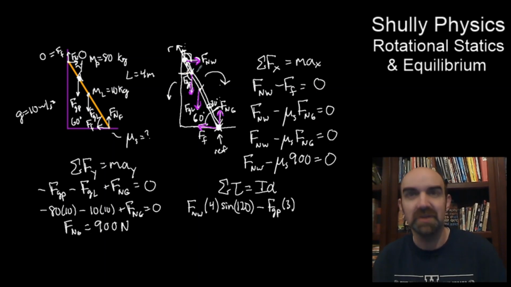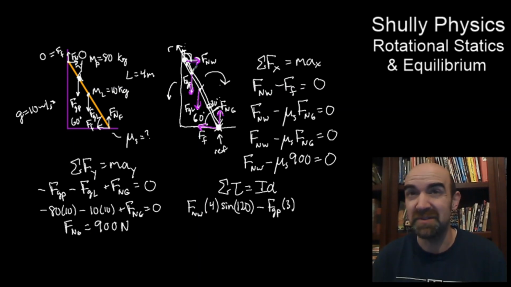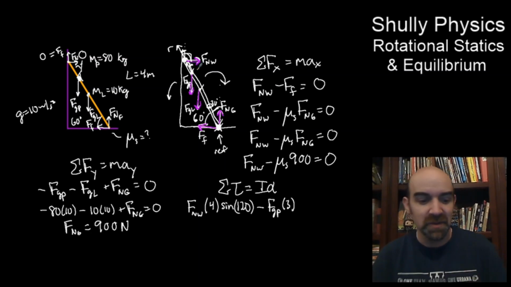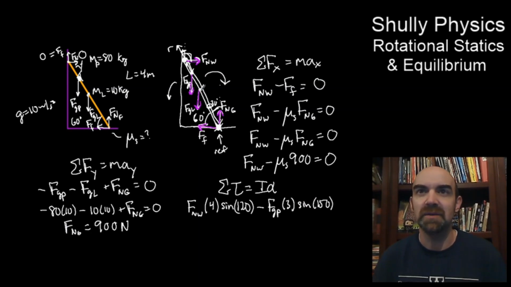Or another way to look at that is the torque arm is almost 180 degrees away, but it's actually 180 minus that little 30 degrees. In other words, look closely, think this one over, that angle is going to be 150 degrees. And the same thing for the ladder here. The angle between R and the weight is 150 degrees.